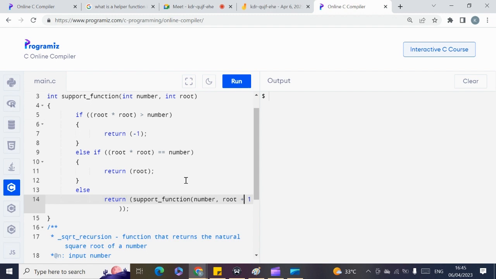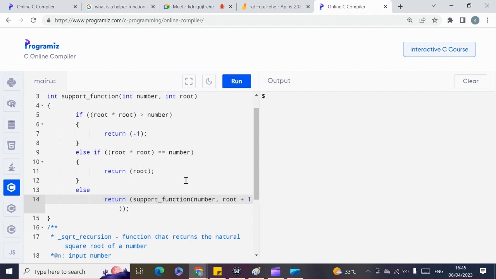So the function has two arguments, which is number and then root. And the return is supposed to increment the number so that we can have the equal, we can be able to return the root, right?